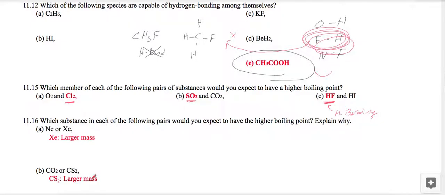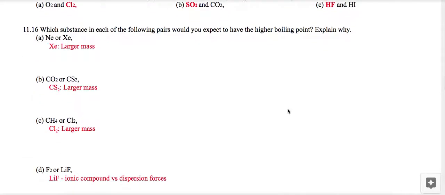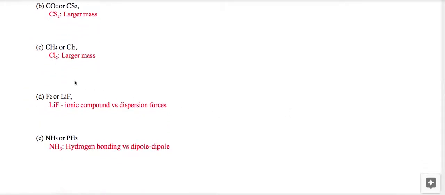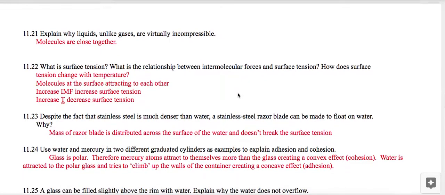Carbon disulfide, larger mass. Chlorine, larger mass. Lithium fluoride has ionic forces, it's an ionic compound versus the dispersion forces. Ammonia is going to be higher than the phosphorus trihydride because of the hydrogen bonding that's there. All right.